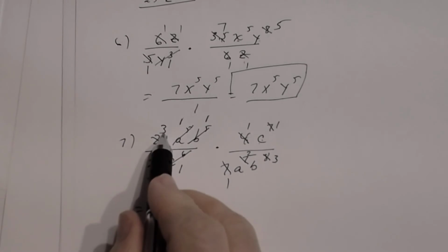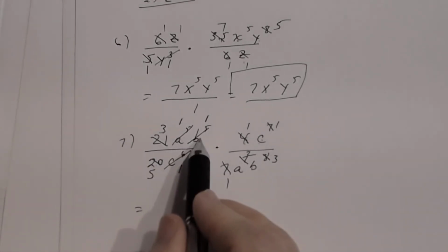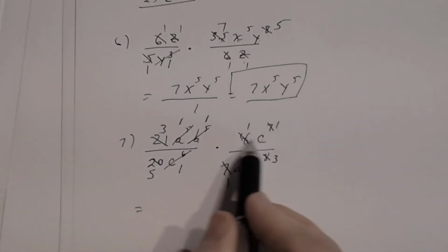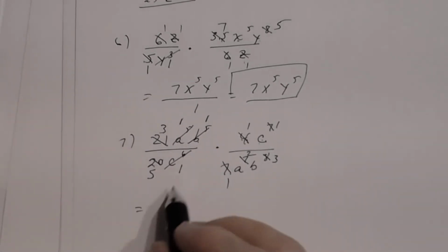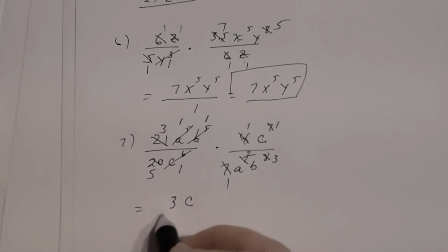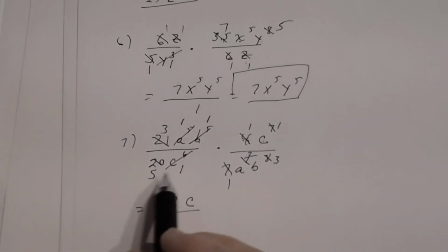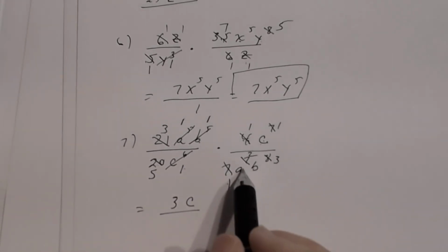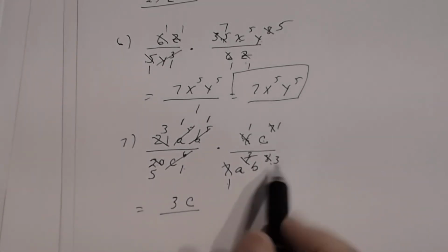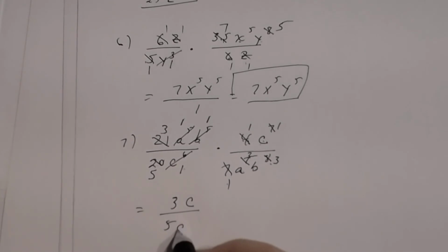So that becomes 3 times 1 times 1 times 1 times c, right? Because be careful. So it looks like that's going to be 3c divided by, and then here that's 5 times 1 times 1 times a squared times b cubed. So that's 5a squared b cubed.